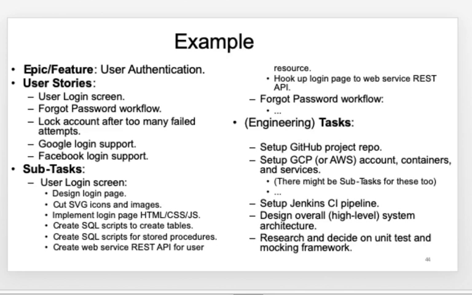For example, if it is a user login screen, you design a login page, have icons and images, write the page using HTML, CSS, JavaScript, write SQL queries, and so on and so forth. And you can have engineering tasks like set up a GitHub project repository, an AWS, which is an Amazon Web Service account, set up Jenkins, probably that will be used for the continuous integration pipeline, and so forth, right?